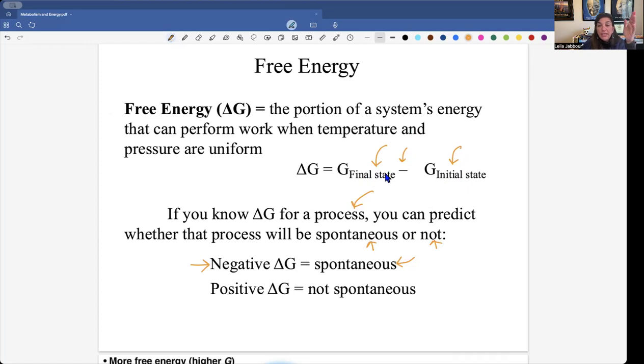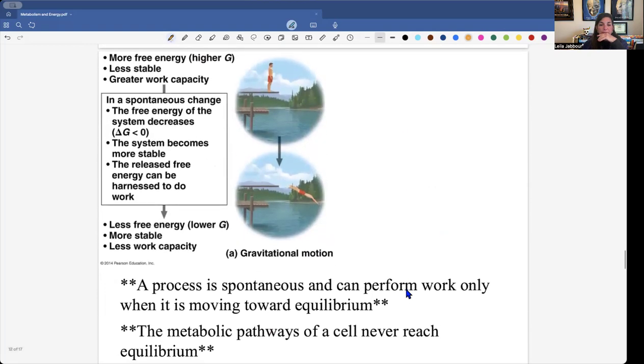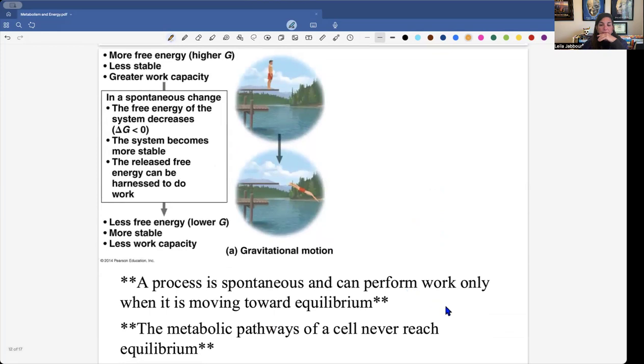Less energy at the end, more energy in the beginning. So we end up with a negative delta G, and when you see it right away, you know we have energy left and we can have a spontaneous reaction. When delta G is positive, it's not going to be a spontaneous reaction.